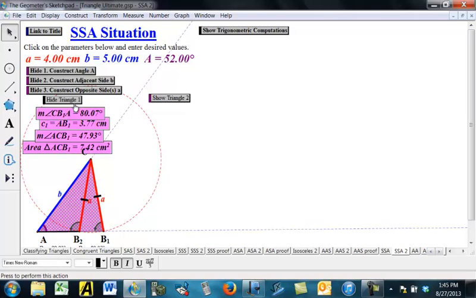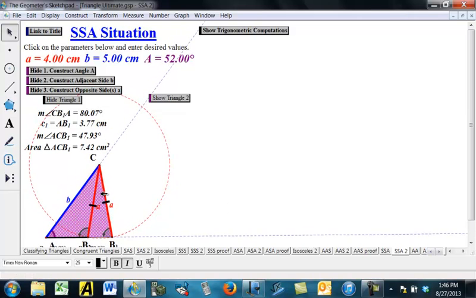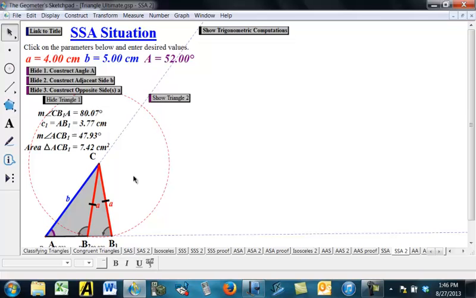So in this case, there's one triangle that uses B1, that's the larger area, has an area of 7.42 square centimeters, and notice that it's using these for the sides out here and down here at the bottom. Okay, and it uses this angle right here for B1, and that is 80 degrees.